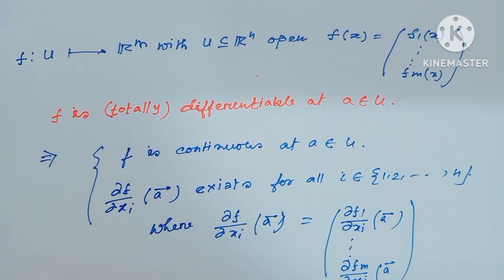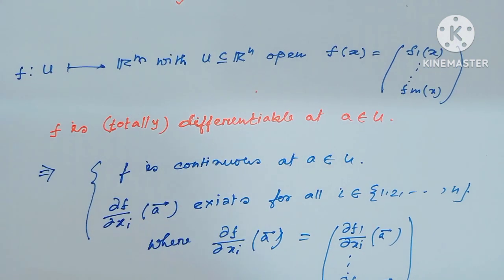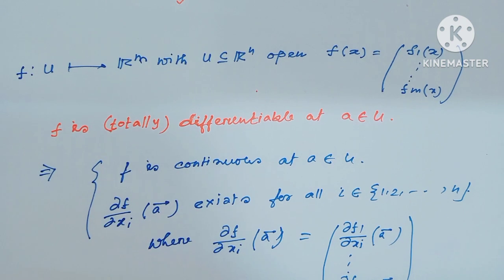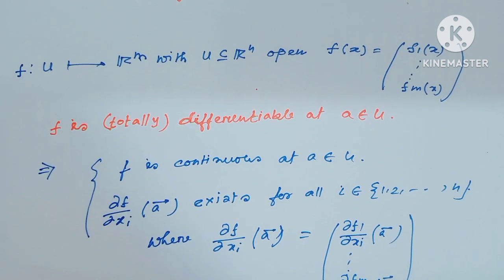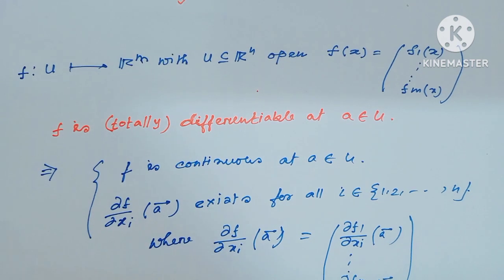Let f be defined from U to Rm, where U is a subset of Rn, and f(x) is f1(x) up to fm(x). Then f is totally differentiable at the point a.